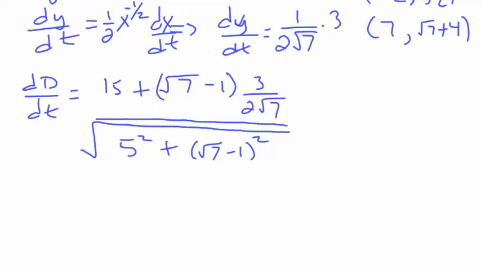We have 15 plus parentheses square root of 7 minus 1 times 3 divided by 2 times the square root of 7, for the top part, and it's definitely ugly, divided by the square root of 25 plus the square root of 7 minus 1 squared.